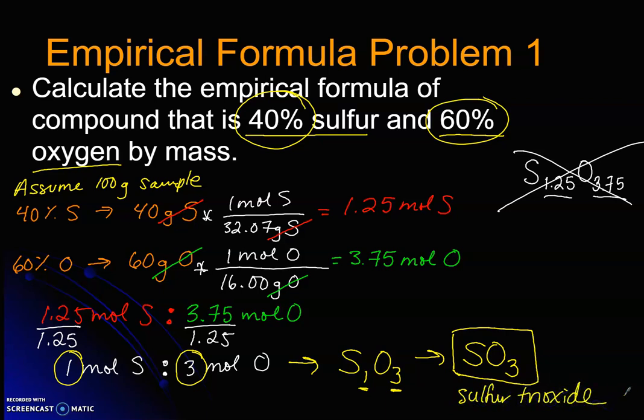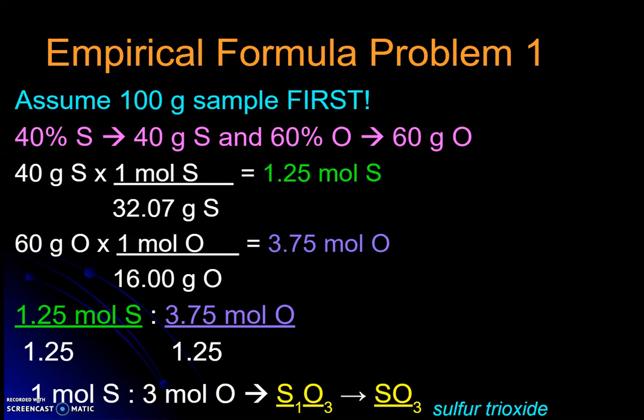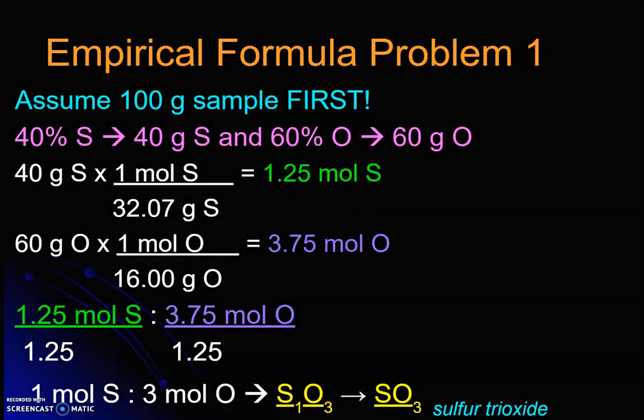Okay, if you can use the formulas to figure out percent composition, you can do the opposite. Use the percent composition to figure out the formulas. So to show it to you, again, nicely typed out, okay, first you assume that 100-gram sample. You change your percents into grams.